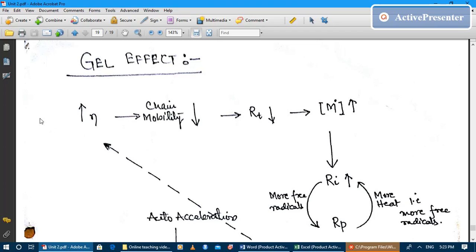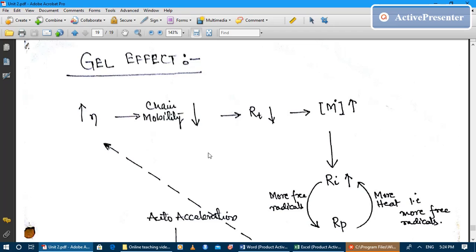We can control the gel effect by controlling the heat of exotherm, by employing a proper cooling system inside the reactor, proper cooling jackets. Or we can use a solvent to reduce the viscosity buildup and ease out the heat generated during the polymerization reaction.